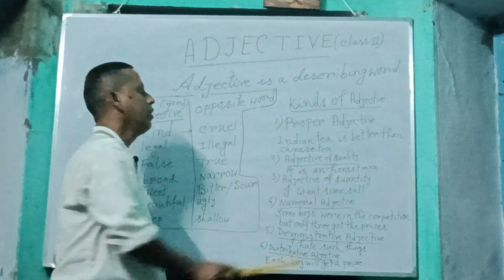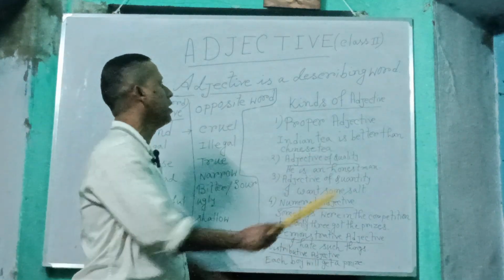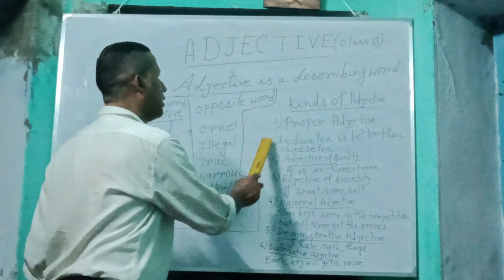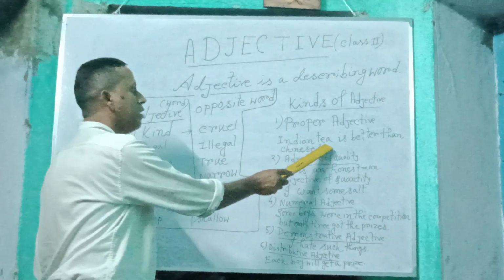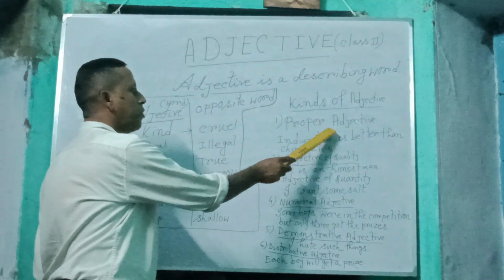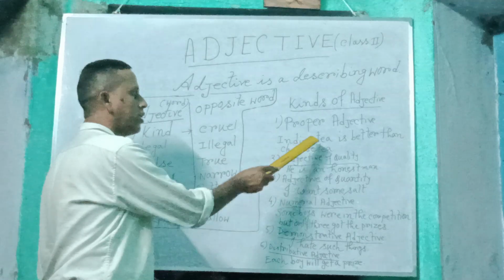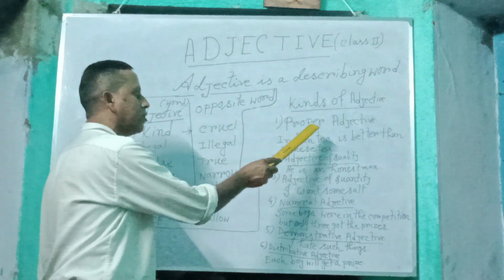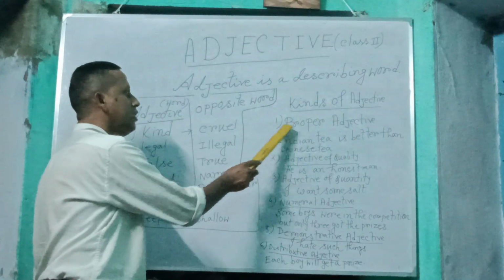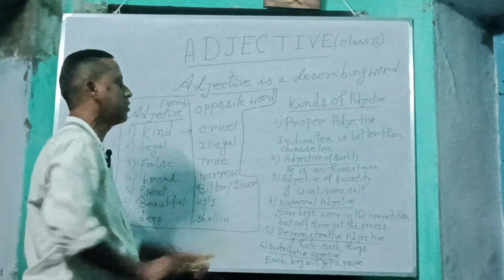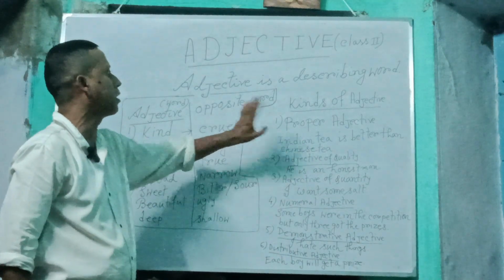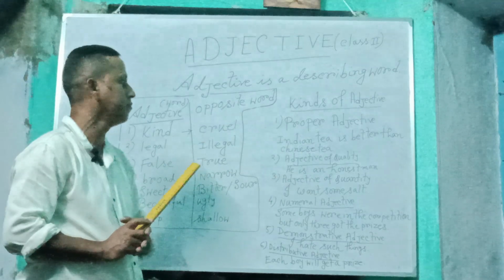So here the better is the comparison, and Indian is the proper adjective in Indian tea. Where tea is a noun, the word before the noun is an adjective. So Indian is not a noun. It is Indian tea. Indian is the proper adjective, and tea is the noun.